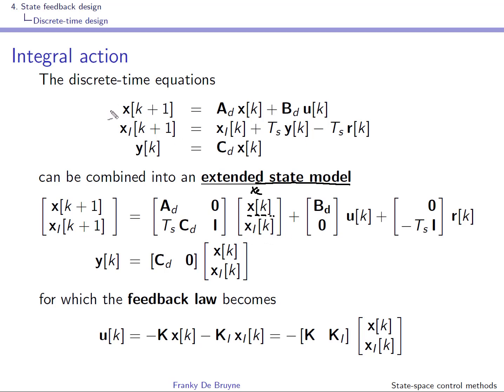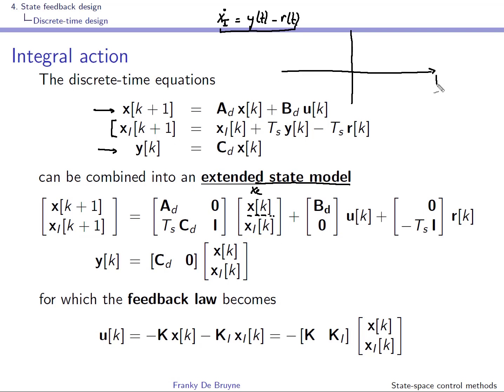So what we have to do is use a discrete time state space representation of the system, and these are the two equations that I've shown, and I need to add a discrete time equivalent of xi dot is equal to y of t minus r of t, right? And this is really representing an integrator. In discrete time, you can obtain the integrator as follows.